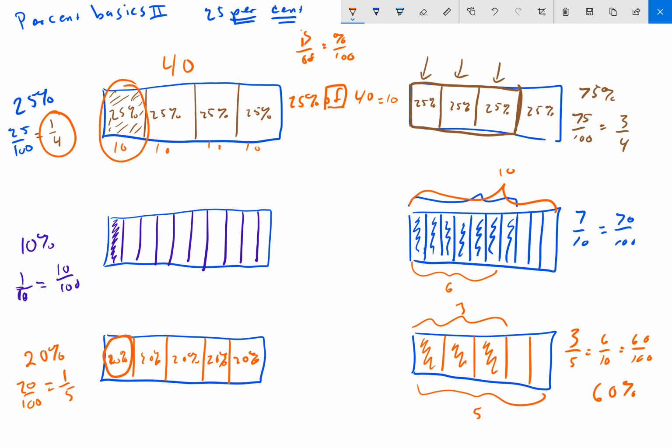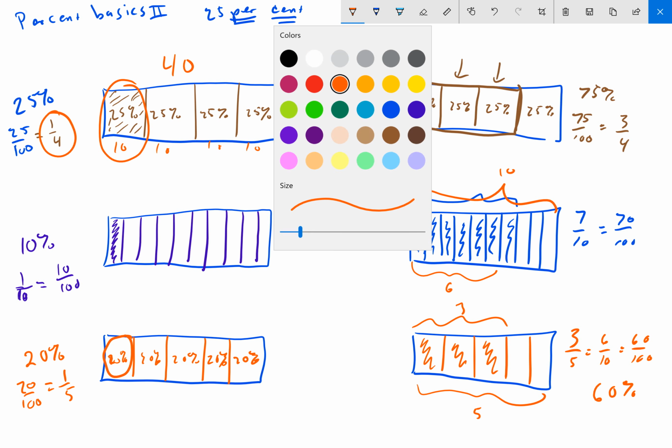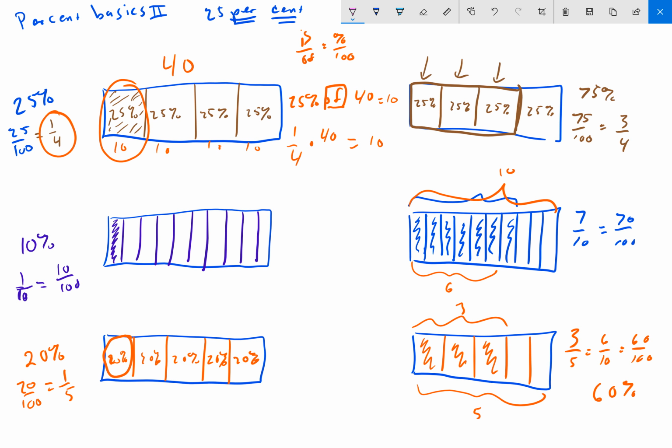I also know that 1/4 is 25%, so 1/4 of 40 really just means, how many times does 4 go into 40? 10 times. If I wanted 3/4 of 40, the whole thing is worth 40.